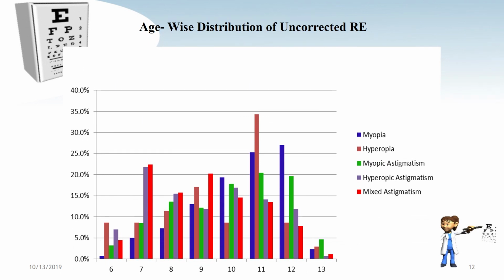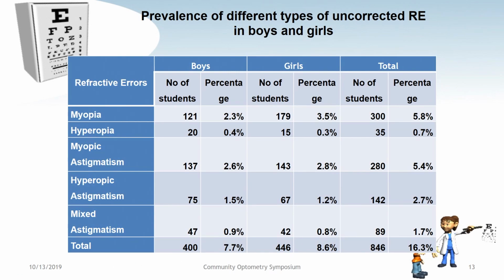The other graph here shows the age distribution of uncorrected refractive error, starting from age 6 until 13. And we have seen that myopia and myopic astigmatism are the more frequent. Also, this table shows the distribution of prevalence of the different types among boys and girls, about the 5 types of refractive errors.